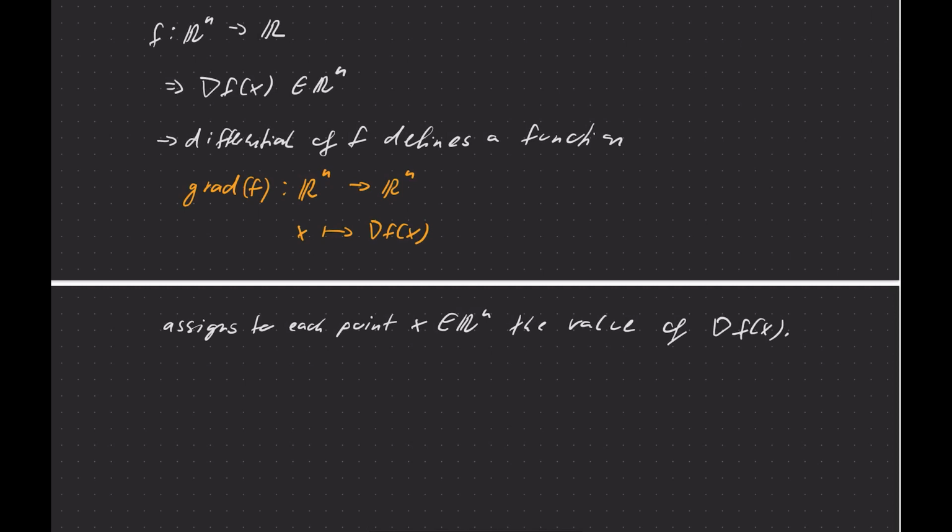So for functions of that kind, we can ask, is there a multivariate function such that this given function is the gradient of that?